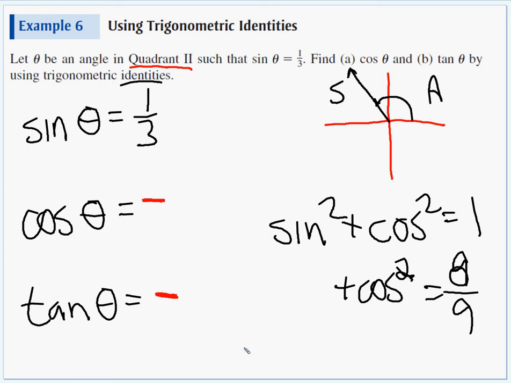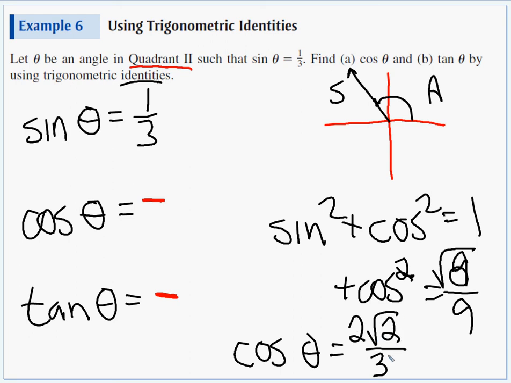And if we square root, the cos of theta is our denominator, 9, square roots to a 3. And then our numerator, the root of 8, we can simplify that into 4 times 2, or 2 roots of 2. And here's cos. I put my red negative sign there because we found the value, 2 roots of 2 over 3, and we've already established that that is a negative value.